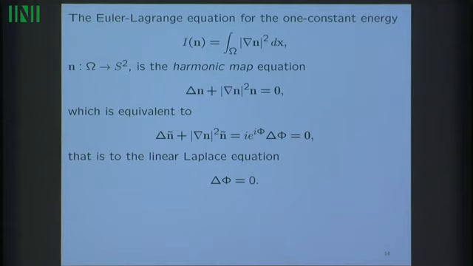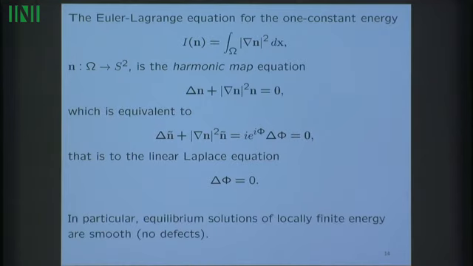Now that turns out to be i e^(i phi) times Laplacian phi is 0. So this is equivalent, at least locally, to the linear Laplace equation that the Laplacian of phi is 0. So in particular, since solutions to the Laplace equation are smooth, equilibrium solutions of locally finite energy in the 2-dimensional one constant case are smooth, and there are no defects.